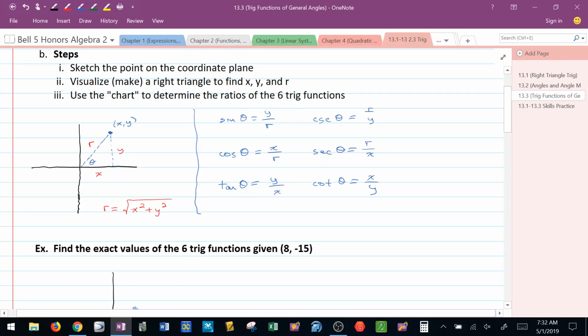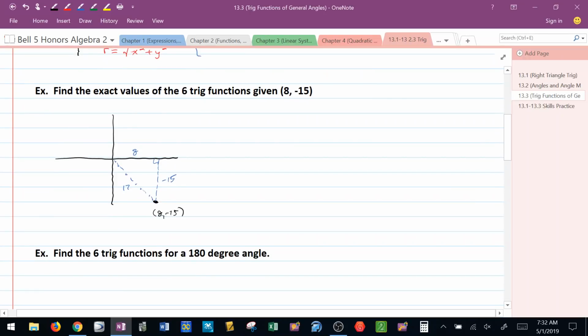Think about cosine and sine. They are in alphabetical order if I think of them in that order: cosine C, sine S. I know that X comes before Y alphabetically, so cosine goes with X, sine goes with Y. That's how I keep that straight in my own brain.